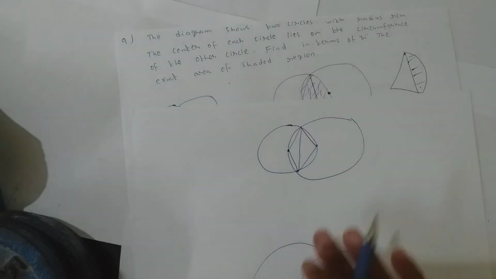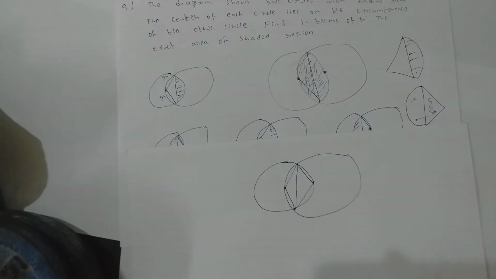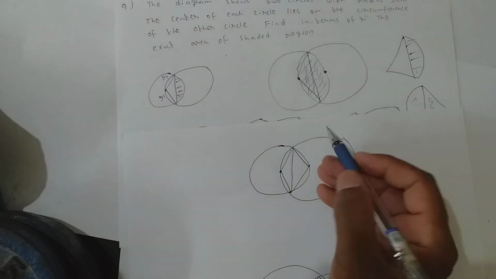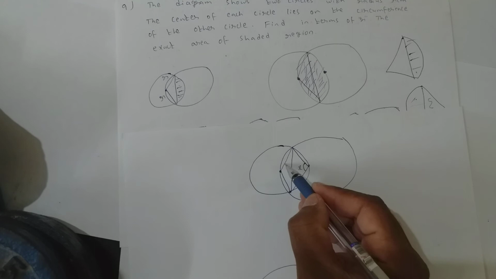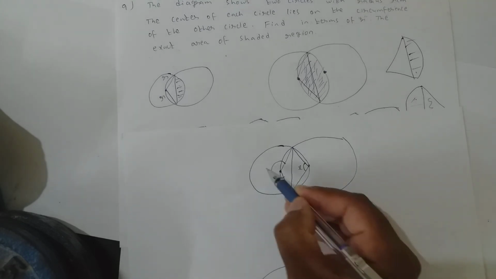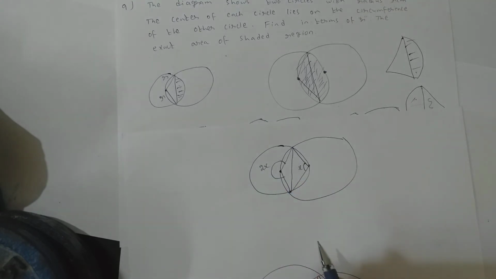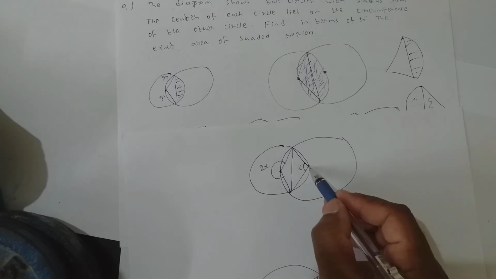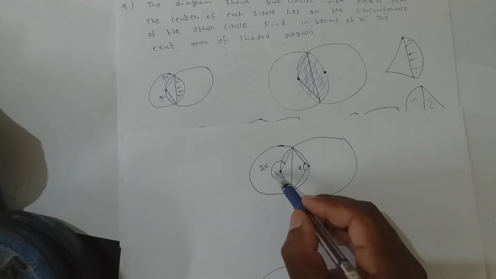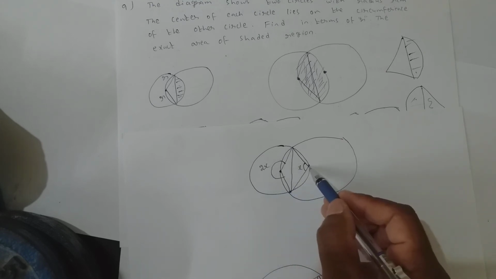It's similar to this one. Now, if here it is x, where will I get 2x? This entire thing will be 2x. In grade 10th, you have learned the angle on the circumference is half of the angle at the center, or else the angle at the center is twice the angle on the circumference.